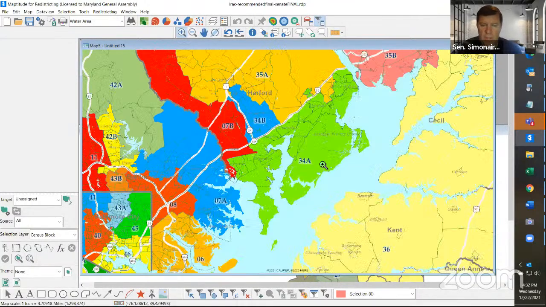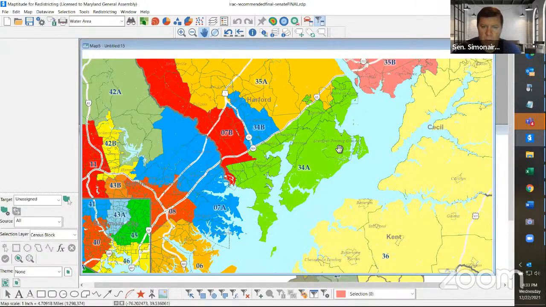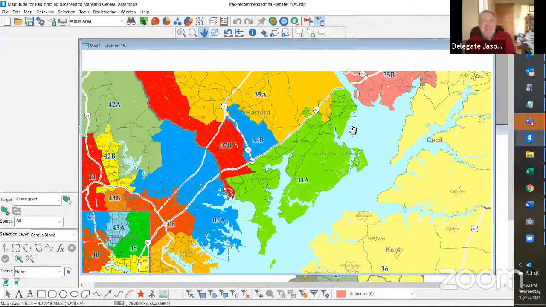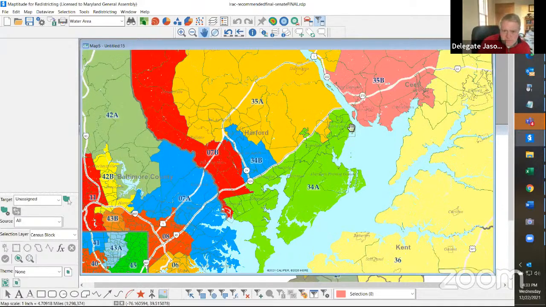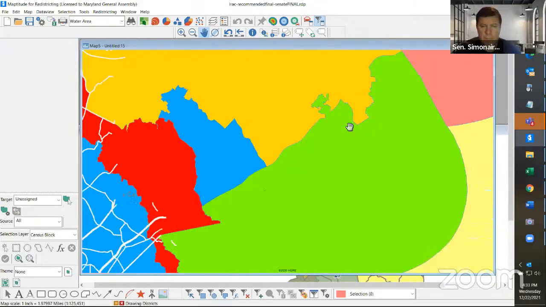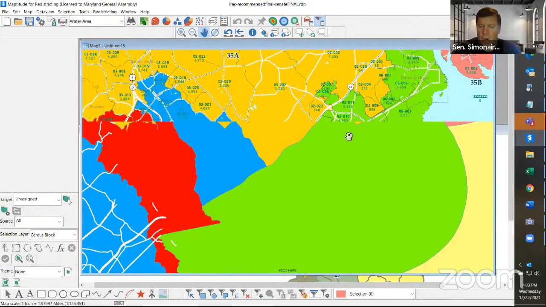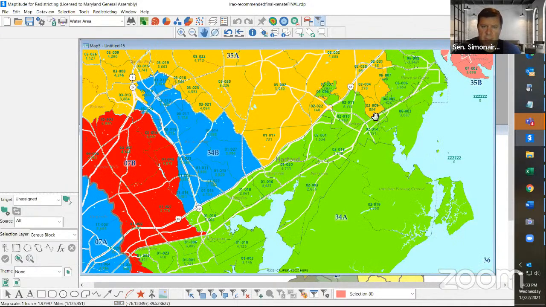So from what I understand, 34 is underpopulated, 35 is overpopulated. And if I'm looking at that little orange piece coming in at the north part of 34A, right side of Route 95, the orange part, that used to be in the current map, in the 2000 map, that was part of 34.